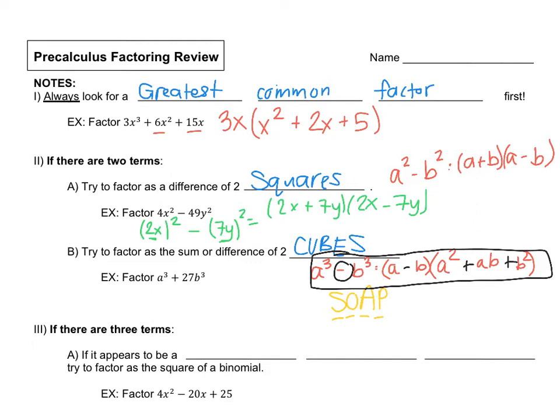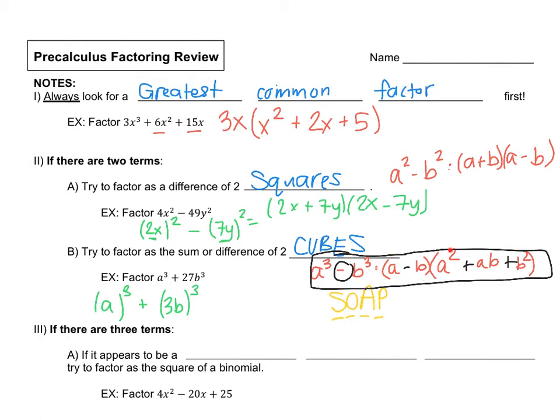Before I do, I want to first identify what am I cubing to get my two terms. Obviously I'm cubing a to get a cubed, and then I'm cubing 3b to get 27b cubed. Now I'm going to apply it to this formula. So there's two factors here.